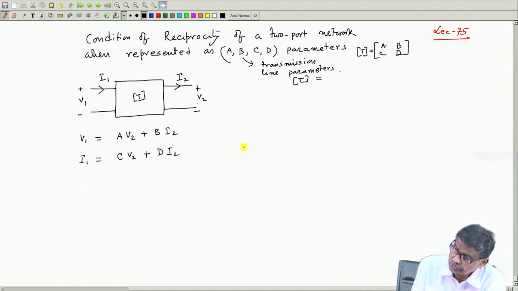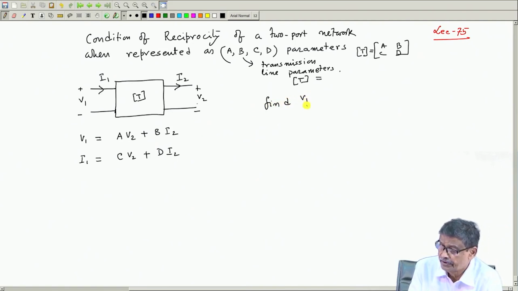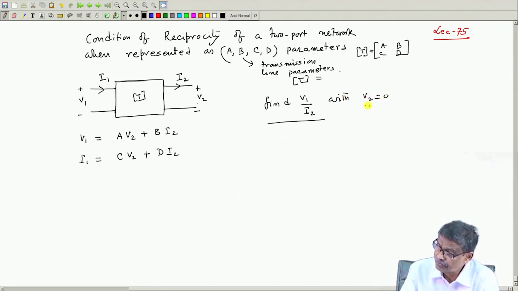Therefore, first we find V1 by I2 with V2 equal to 0. For this, from the general circuit, V2 must be made 0.